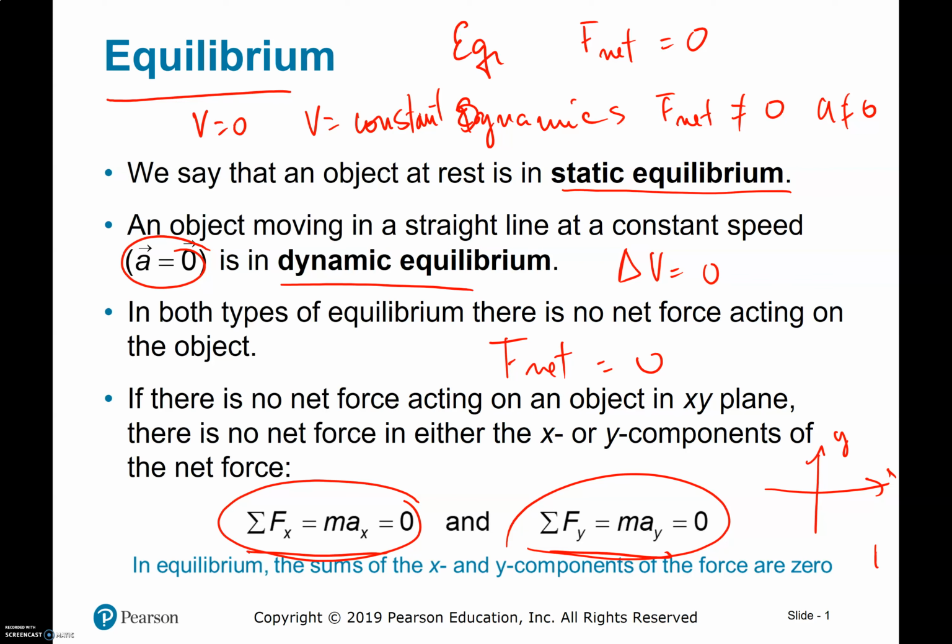Remember, a vector has two components in 2D, an x and a y component. Therefore, Newton's second law is a vector equation. So it is actually two equations, one for the x and one for the y.